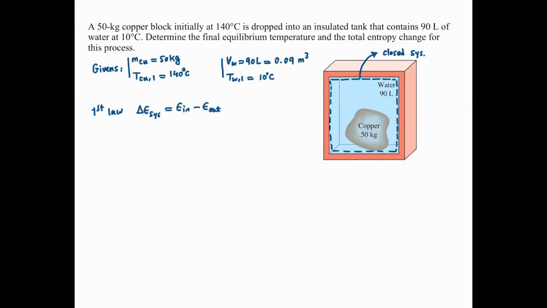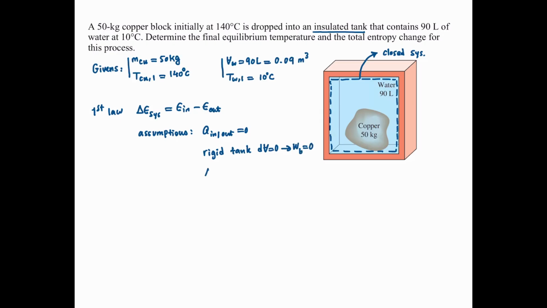And I'm going to write down my assumptions to simplify this equation. Problem says that this is an insulated tank, so there is no heat transfer to or from the system. I'm going to assume that this is a rigid tank because there is no change in the volume of the tank, or boundary work equals 0.